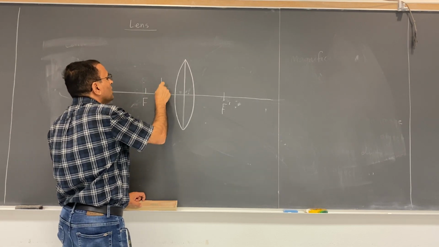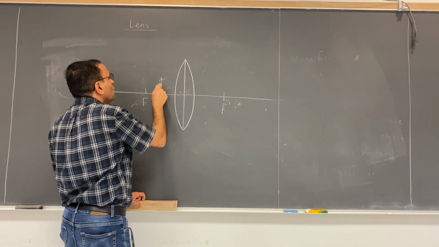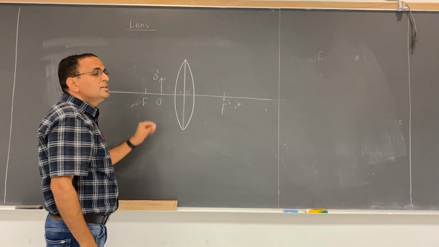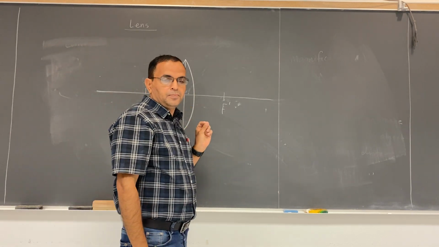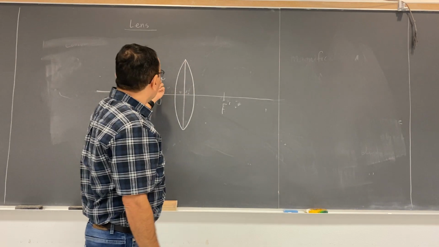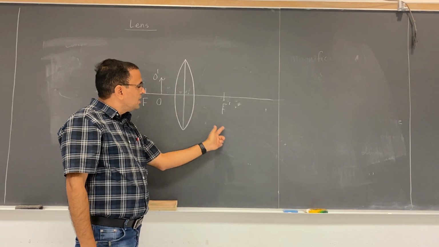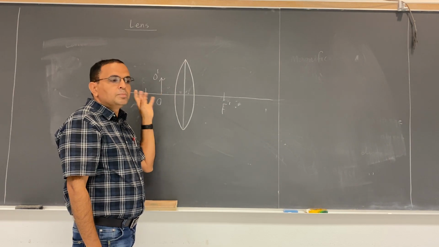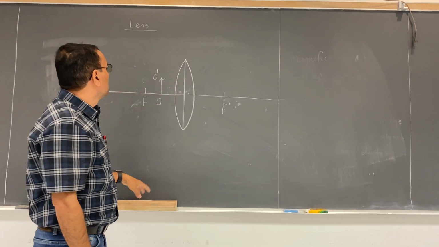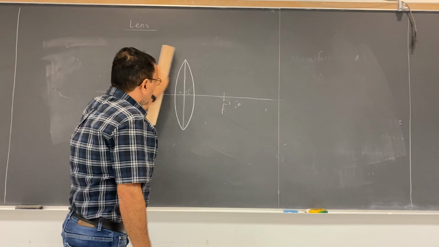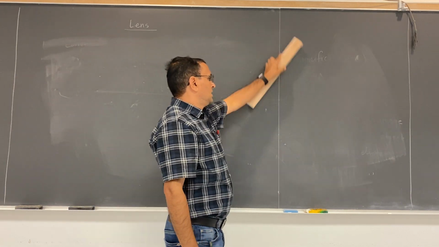If you keep the object right here, let us suppose this is O prime, the object. Please complete this diagram. One ray you can take from here parallel to the principal axis, another ray you can take from there. Then what happens? Please do this. Okay, so this is the ray diagram.